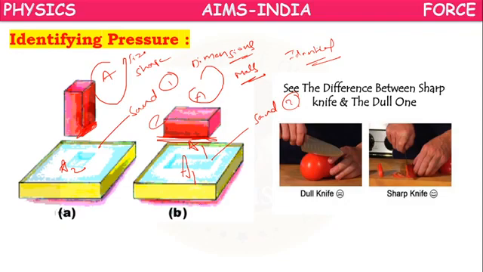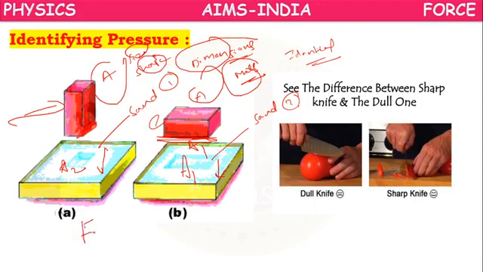If we keep the bricks in the sand, after some time the bricks will go deeper into the sand. So now the question is, which one will go deeper? Both have the same size, shape, dimensions and mass, so both apply the same force, F1, on the sand.